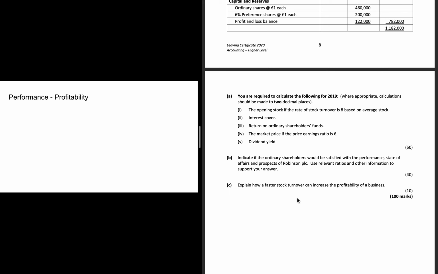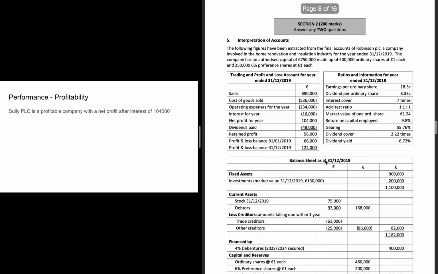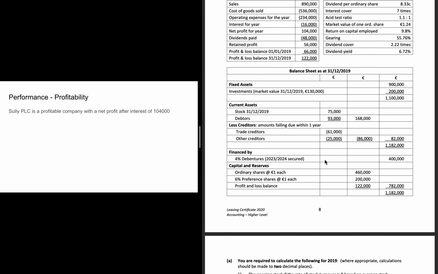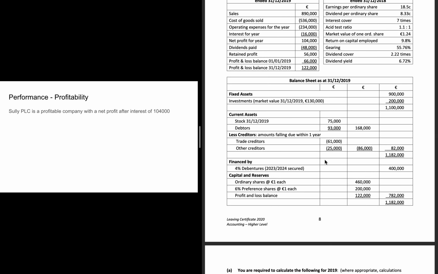So performance, profitability, and dividend policy. Make sure to give the heading performance. So, call it Robinson. Robinson is a profitable company with a net profit after interest of 104,000. I might need to change that to Robinson. Return on capital employed, net profit plus interest over capital employed.